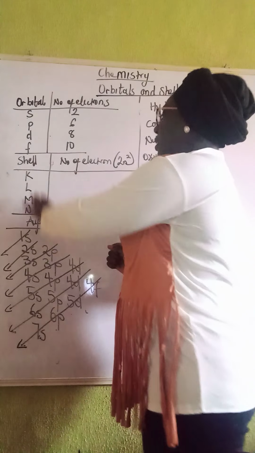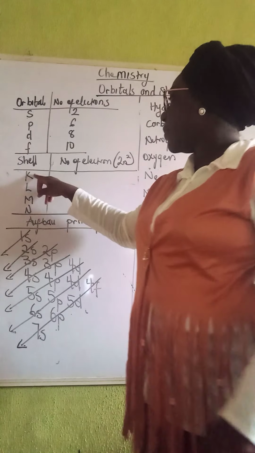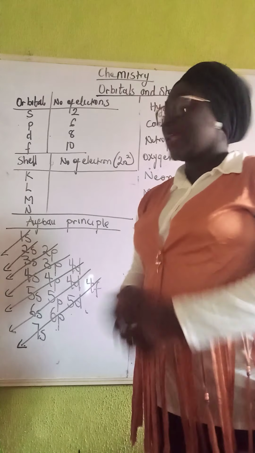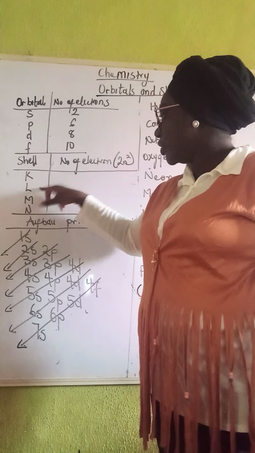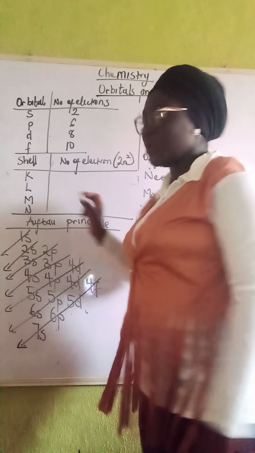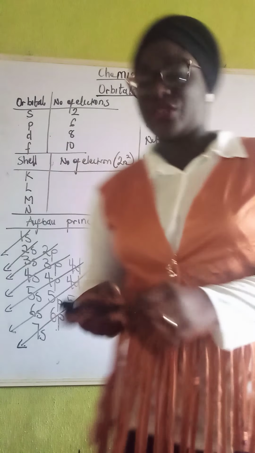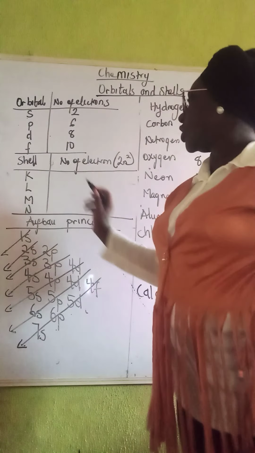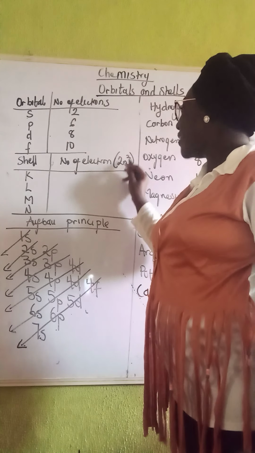Now, when we're talking about shells, we are talking about K, L, M, N. This is the first shell, second shell, third shell, and the fourth shell. I left this place blank because I want us to calculate it together. We have our formula, 2n squared.